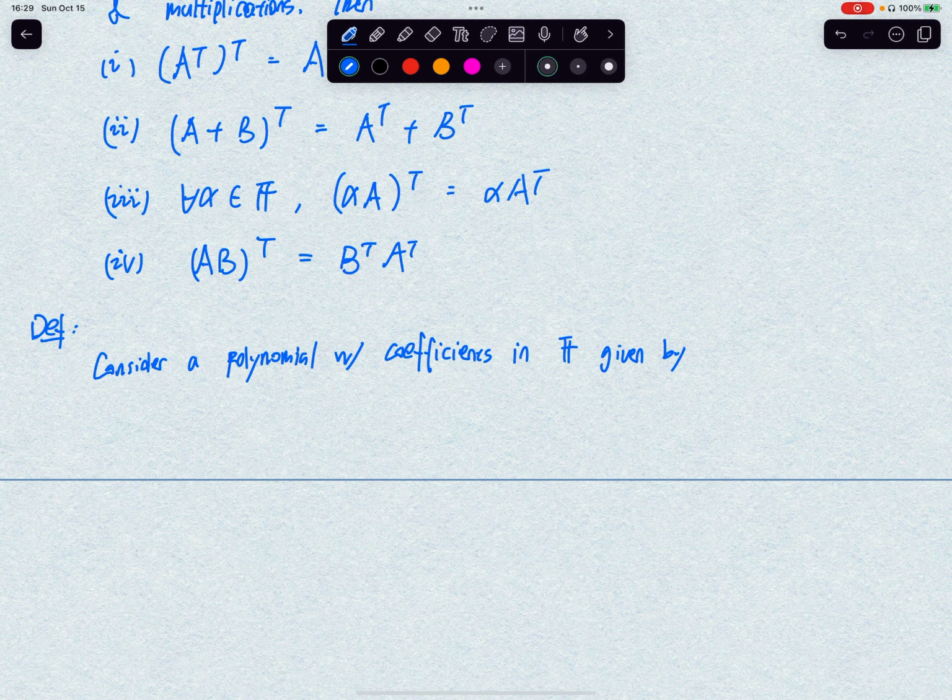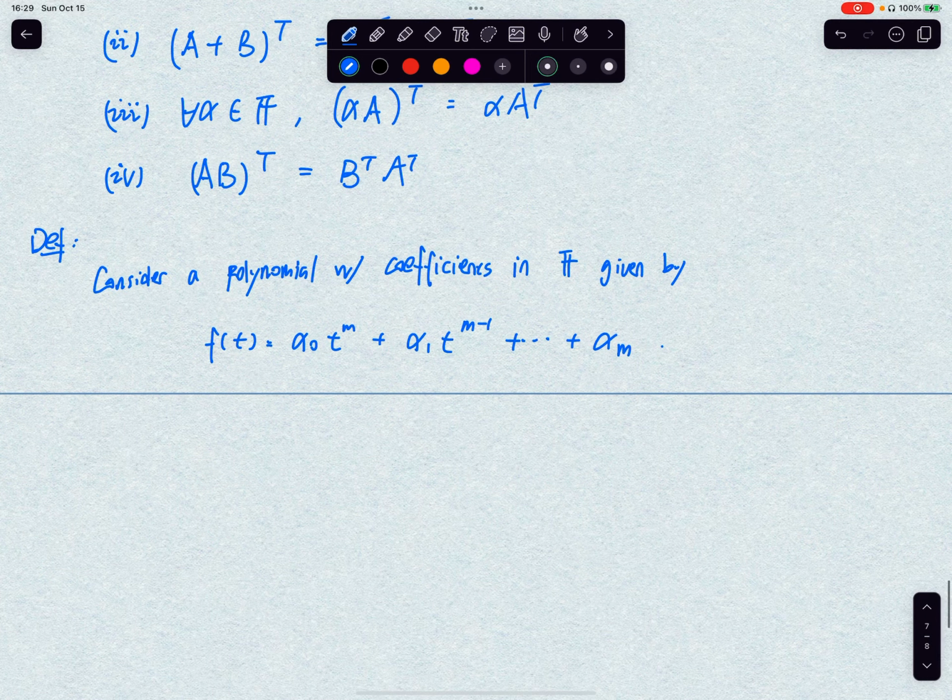given by, namely, f of t equals alpha naught t to the m plus alpha 1 t to the m minus 1 plus all the way down to alpha m times t to the 0th power, which is 1. So that is alpha m.